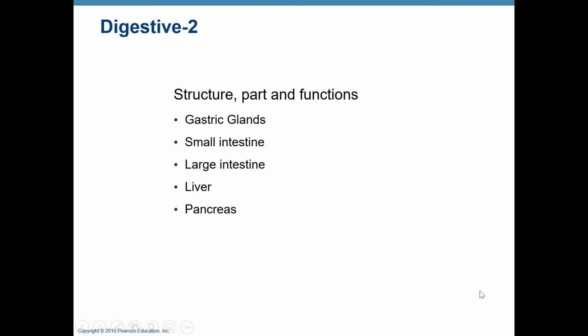Today we will talk about the gastric glands present in the mucosa of the stomach. That means the glands in the mucosa of the stomach. That's why it is called gastric. Gastric means stomach.